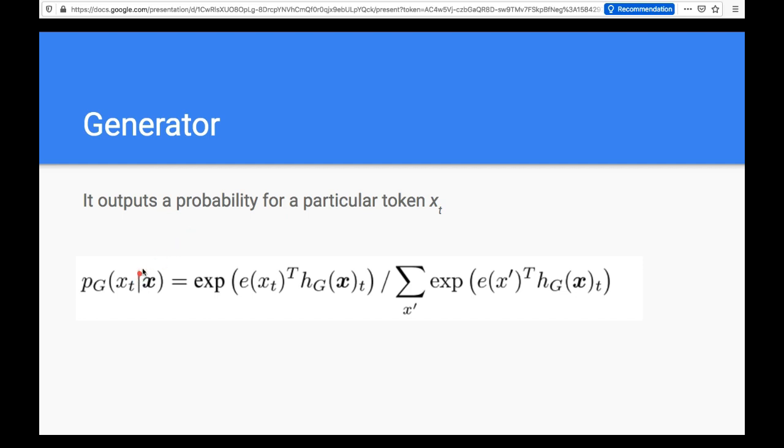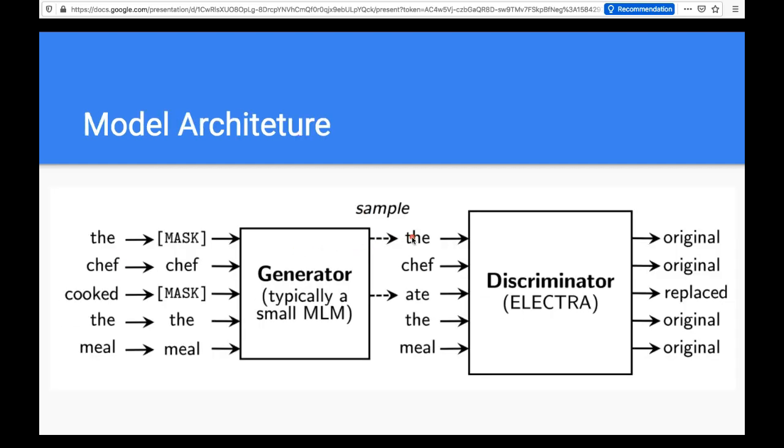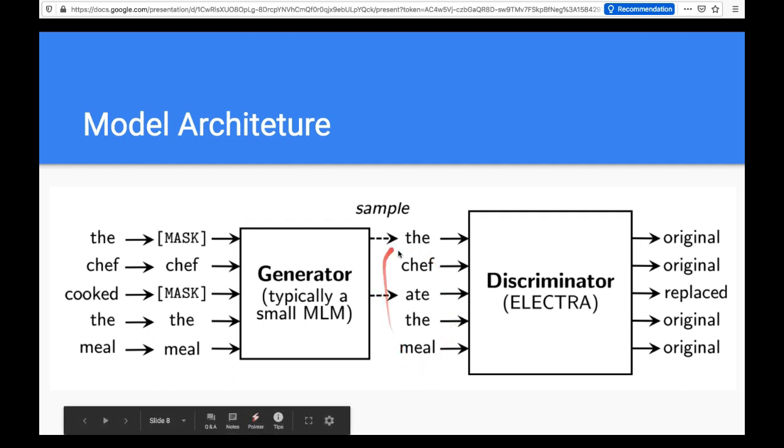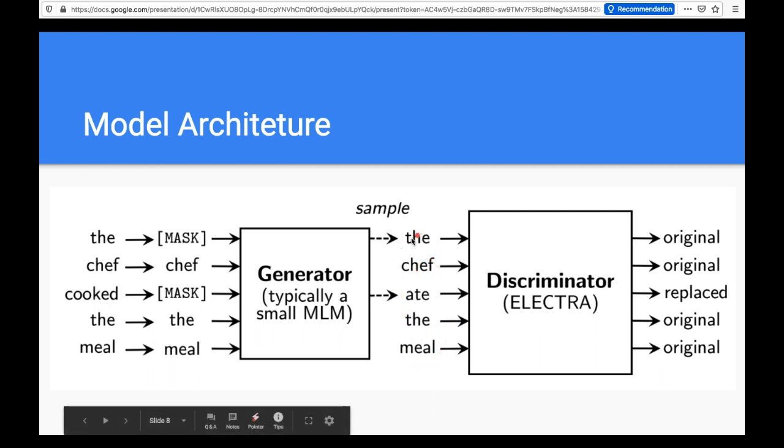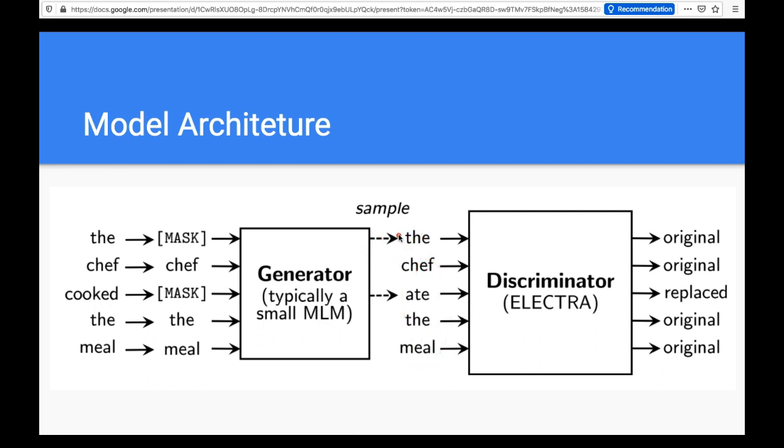And this is the probability when you are given the sequence X, the whole sequence X. Let's say we want to predict the first token, and we have the information of the rest of the sequence. Given that information, what's the most likely word for the first token?